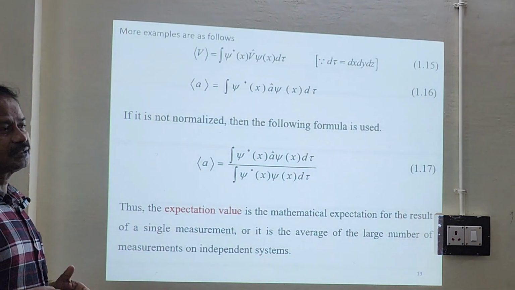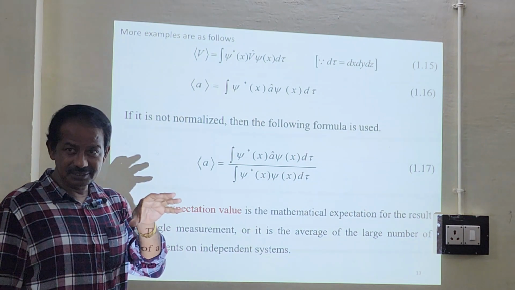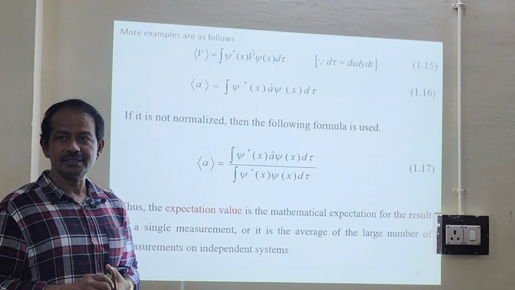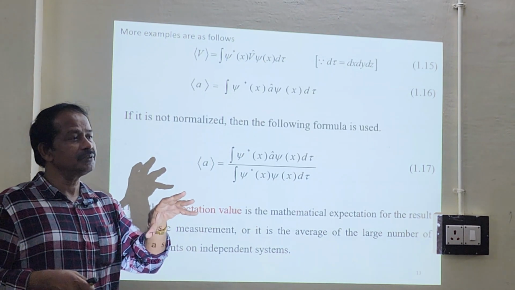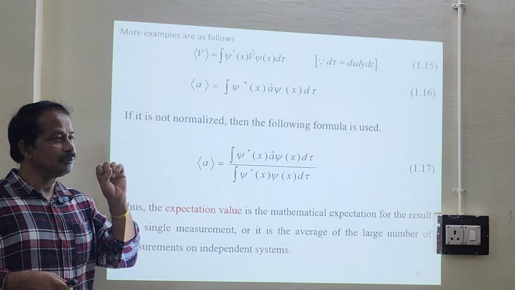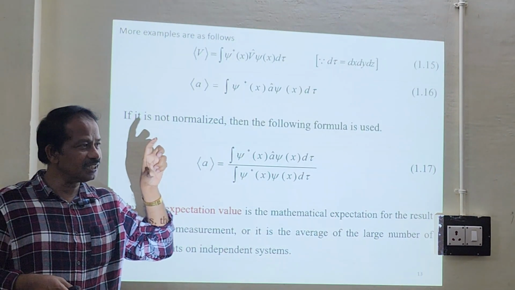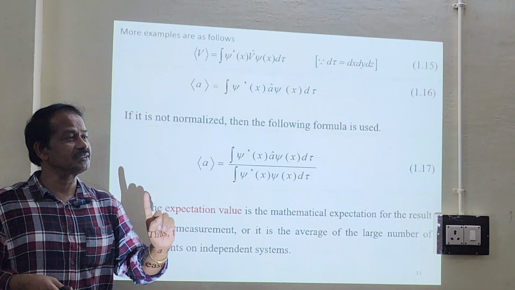We will see more examples. V is the potential energy, it's an operator. Kinetic energy is an operator. Total energy is an operator. In quantum mechanics, all these functions are dynamical variables. Dynamical variables are associated with the position and momentum. Any variable which is related to the position and momentum is called a variable.